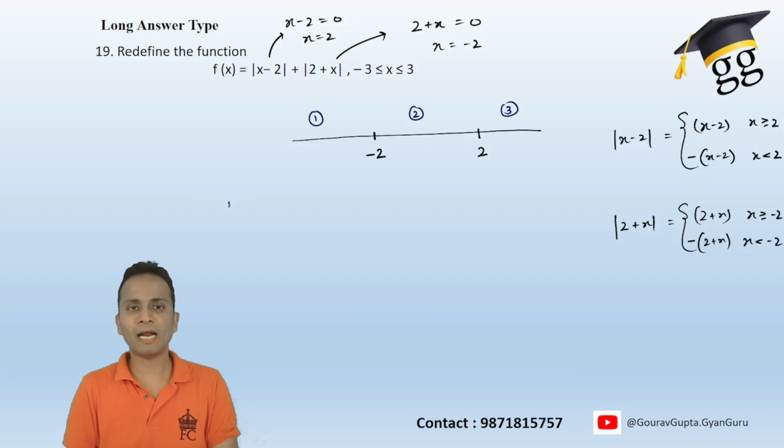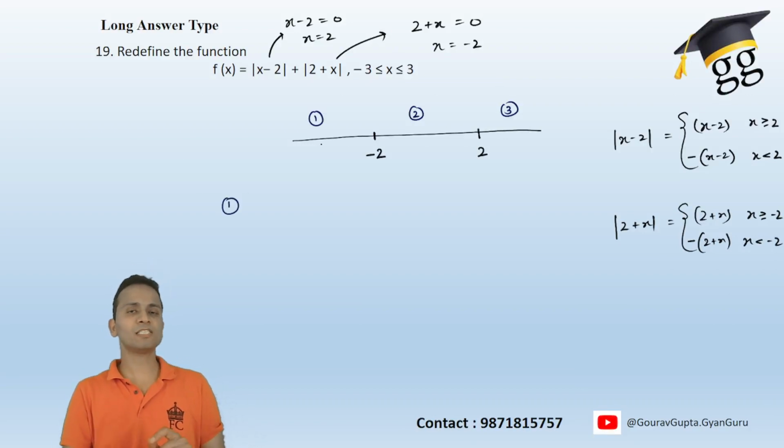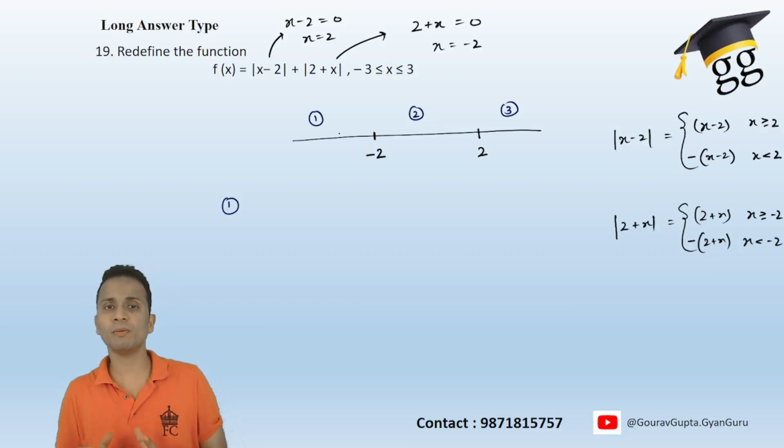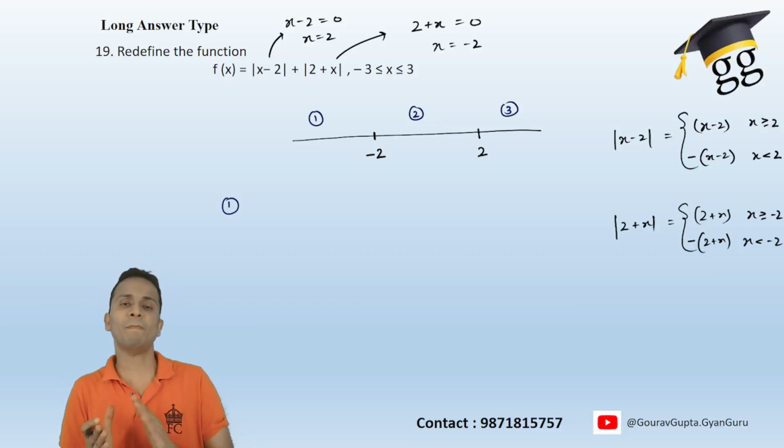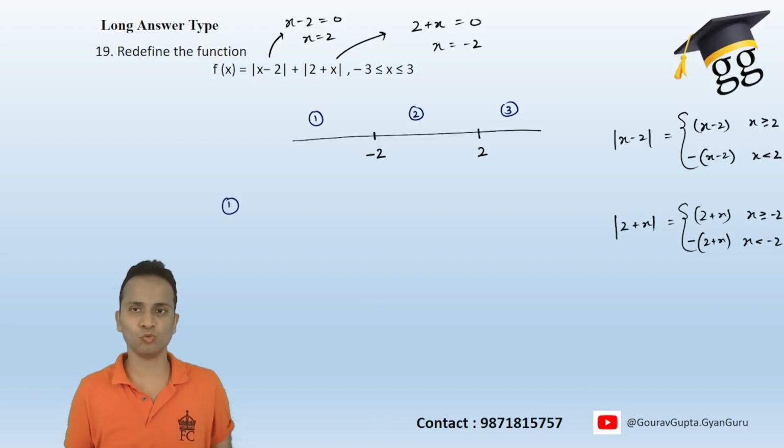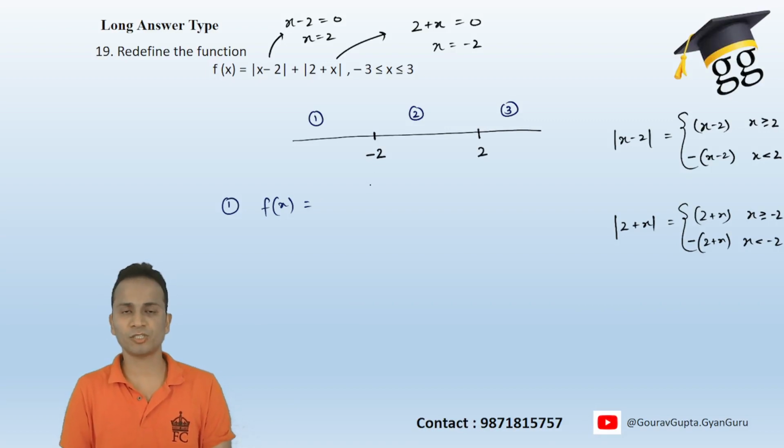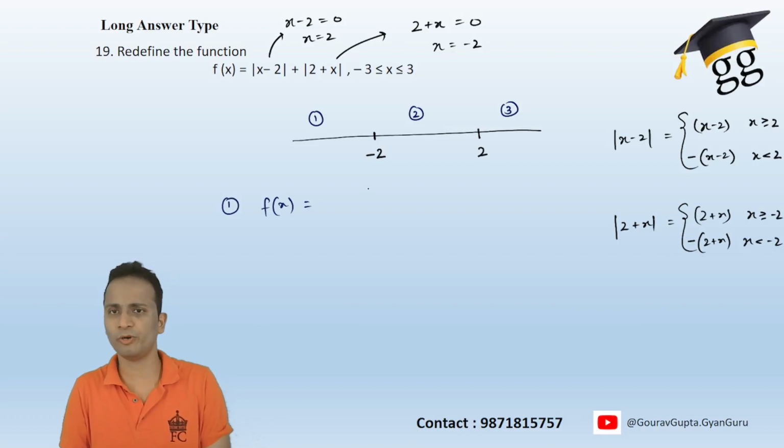Now part number 1. I can say that this part number 1 is on the left hand side of both the points, left hand side of minus 2 as well as plus 2. So the function will be the negative of both these expressions because it is on the left hand side of both these points.